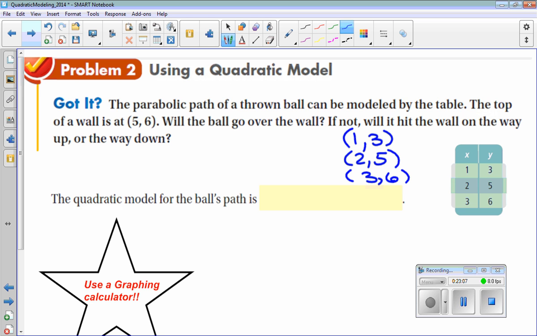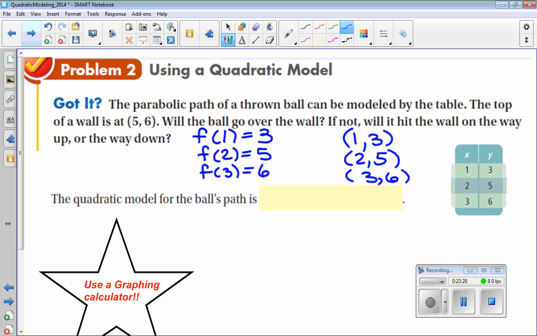There's another way to do it. Look at this weird way. I know that f(1) is 3. When I plug a 1 in for my input, my output's a 3. I can say f(2) is 5. I could also say f(3) is 6.